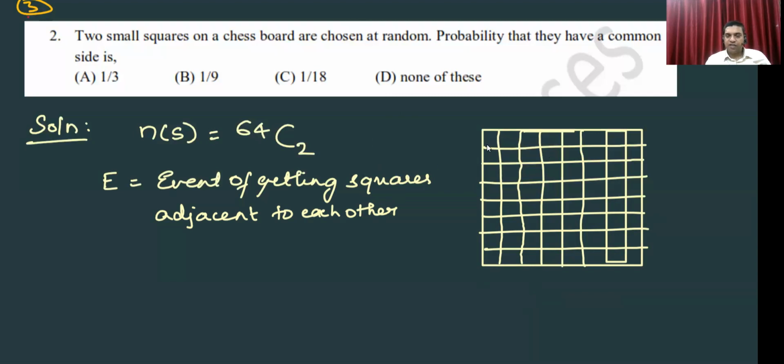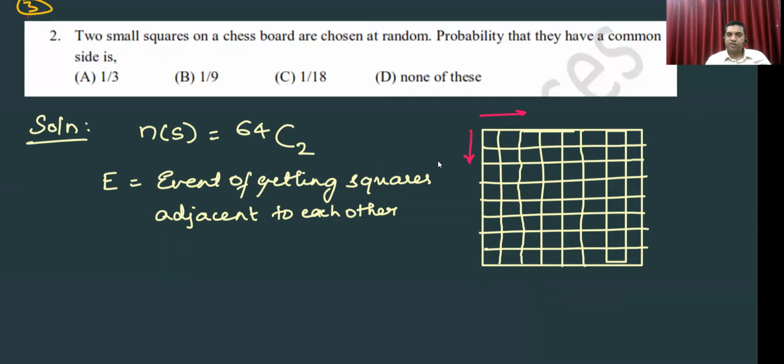If I want to select adjacent, say horizontally adjacent. This is vertical and horizontal. First, we'll go by horizontal. How many pairs of adjacent pairs? One, two, three, four, five, six, seven.